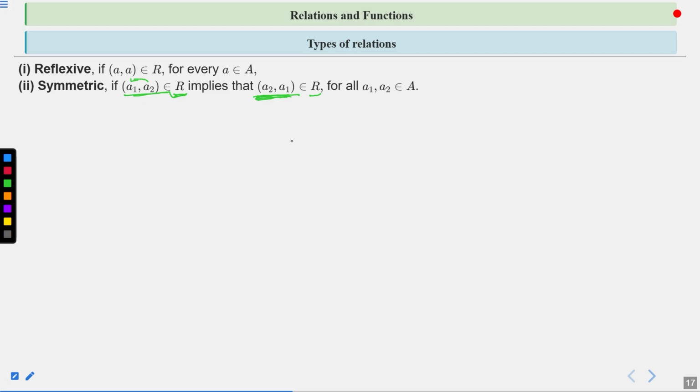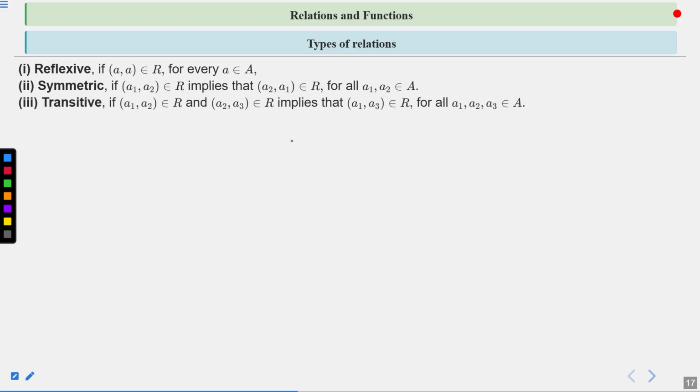In simple words, if you have a pair A1 comma A2 in R, then you have to see that the reverse order pair also belongs to R. If it does, it is symmetric. If it does not satisfy the condition, then it is not symmetric. It will all be clear when you see some examples.